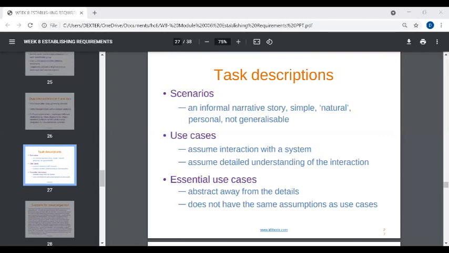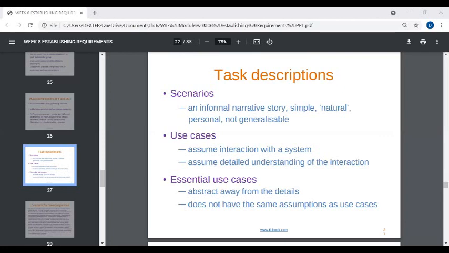Essential use cases represent a more general case than a scenario embodies. They try to avoid the assumptions of a traditional use case. An essential use case is a structured narrative consisting of three parts: first, a name that expresses the overall user interaction, a step description of user action, and a step description of system responsibility.